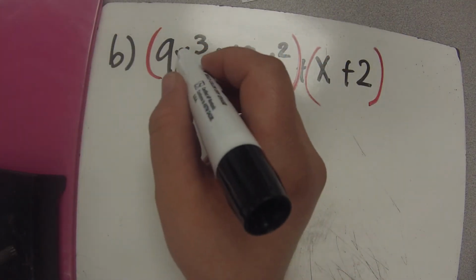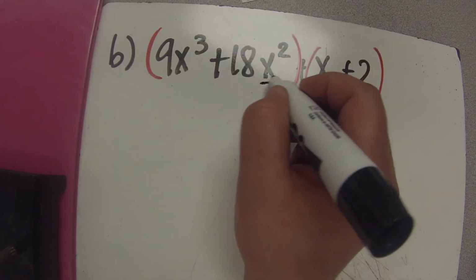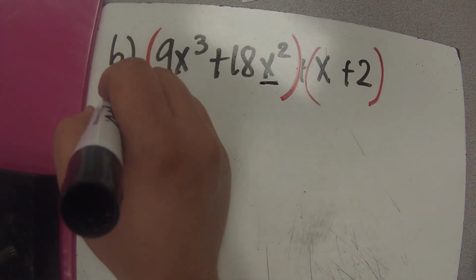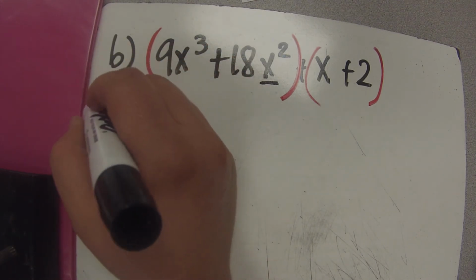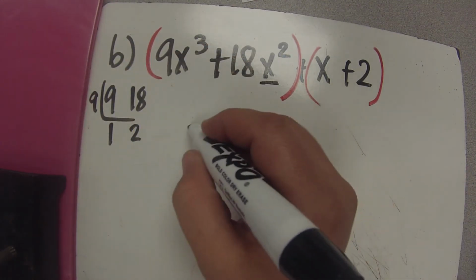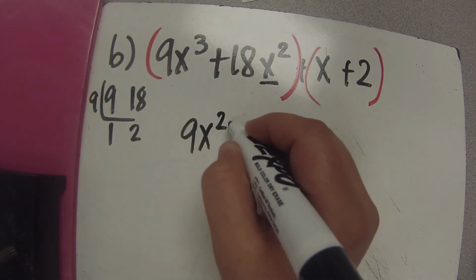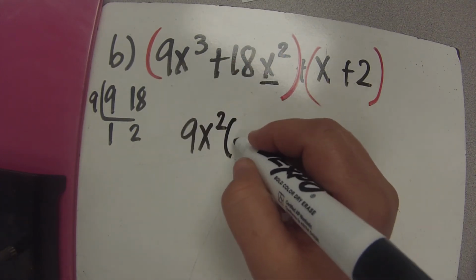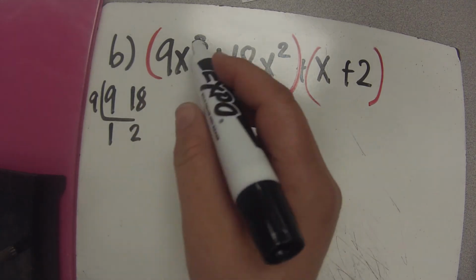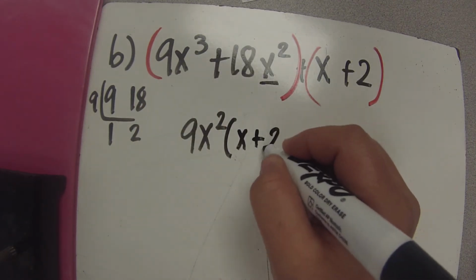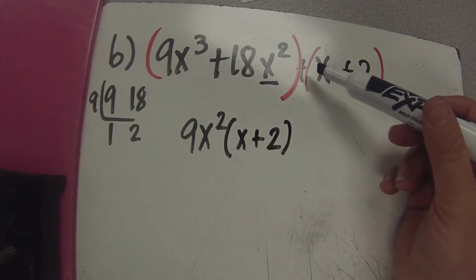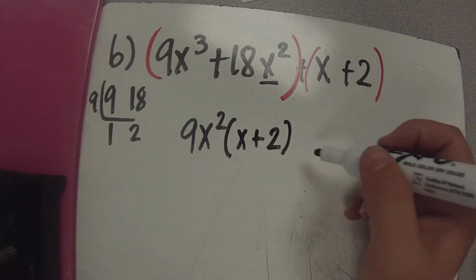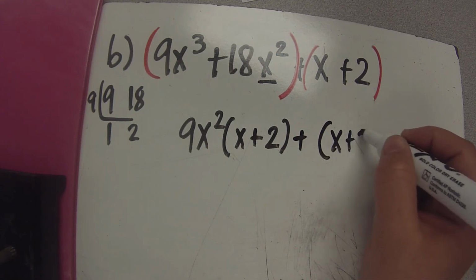Now, the common factor between 9x cubed and 18x squared is obviously an x squared, and 9 and 18 can both be factored by 9. So I'm going to pull out 9x squared. This is going to be x plus 2. Over here, since there aren't any numbers or coefficients that are the same, I'm just going to leave this as x plus 2.